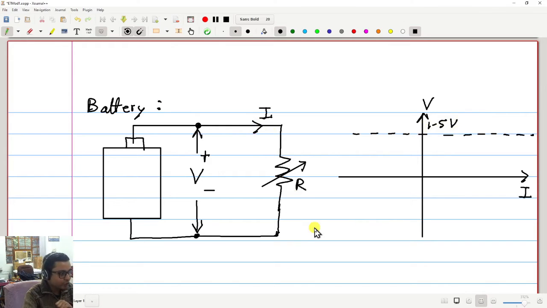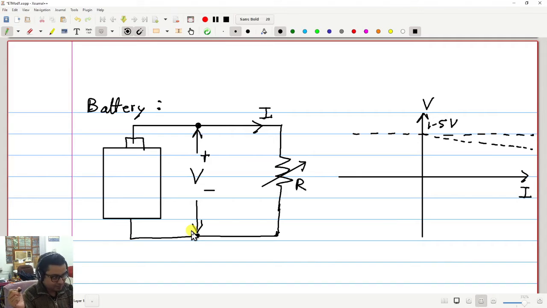But practically what we will see is that as you are decreasing this resistance and therefore taking more and more current, the value of the voltage gradually drops.